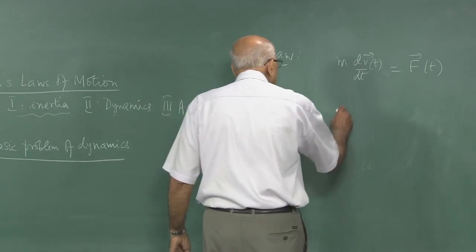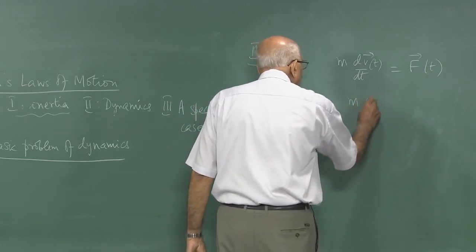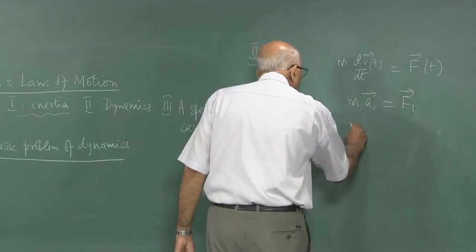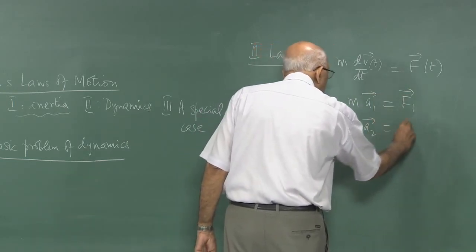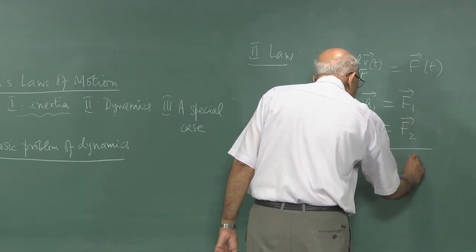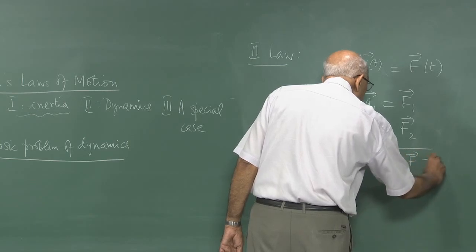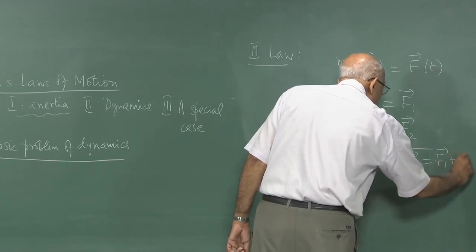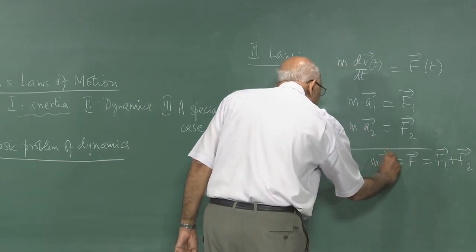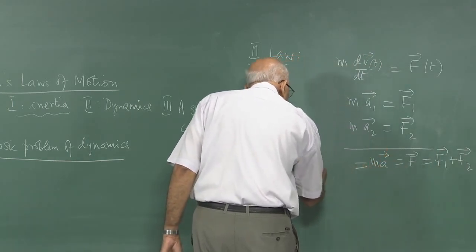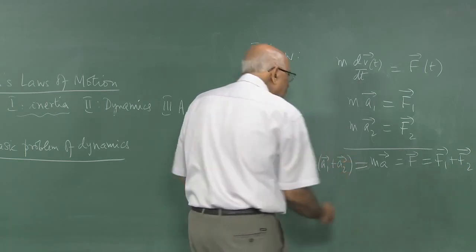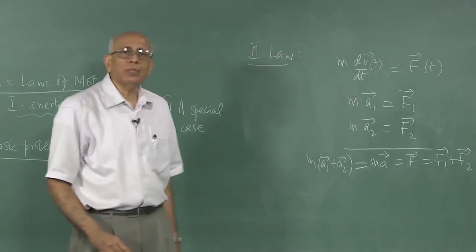So if for instance you have m times a1 for a force F1 on the body, and you have m times a2 for the force F2 on the body, you are guaranteed that if you have a force F equal to F1 plus F2, you have an acceleration A which is guaranteed to be equal to m times a1 plus a2. This looks like a trivial statement, but it is a profound statement.